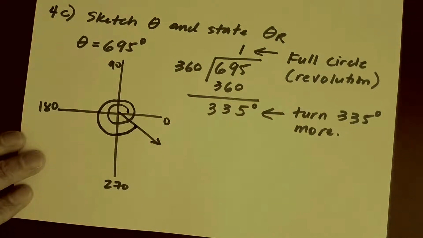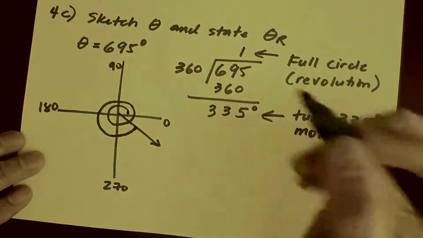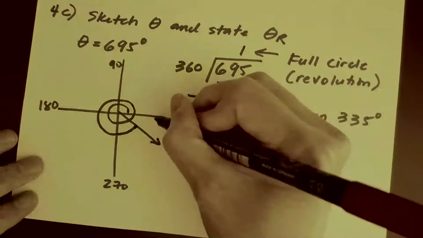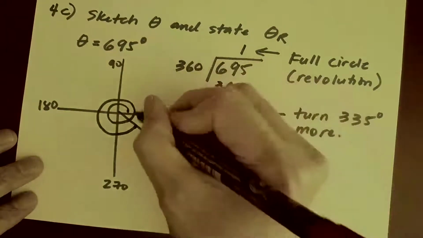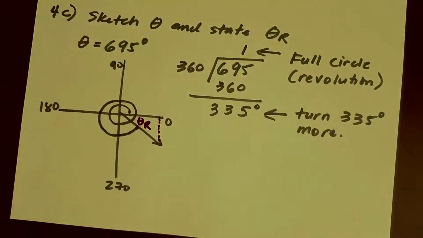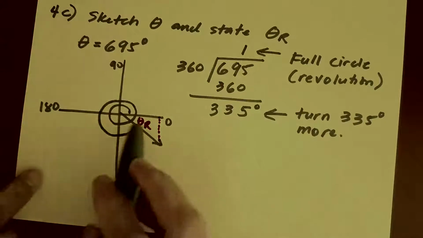So what does that mean? What is the reference angle? The reference angle, we said last time, is the angle between the terminal arm, where your arm stops, and the x-axis. So this is our theta r. How far is that?